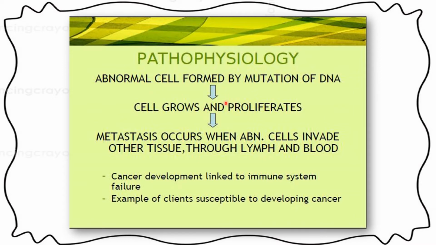The initial genetically altered cell forms a clone and begins to proliferate abnormally, evading the normal intracellular and extracellular growth regulating processes or signals, as well as the immune system defense mechanisms of the body.